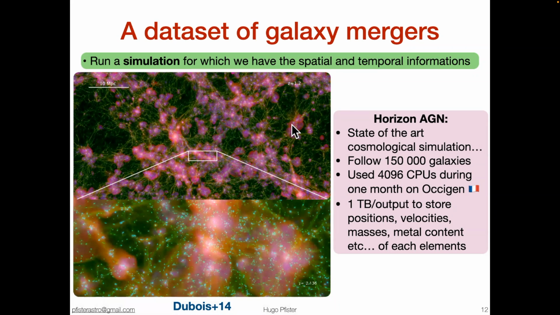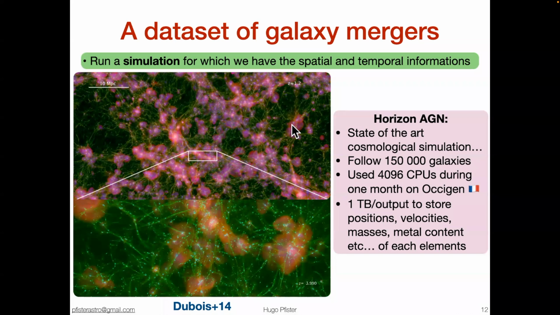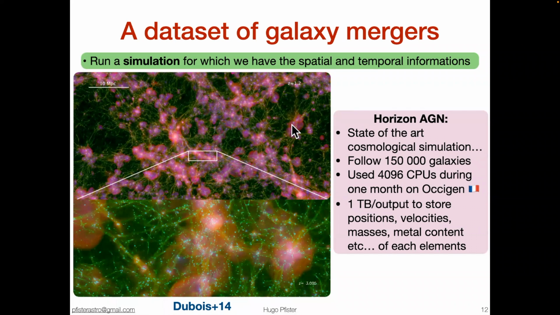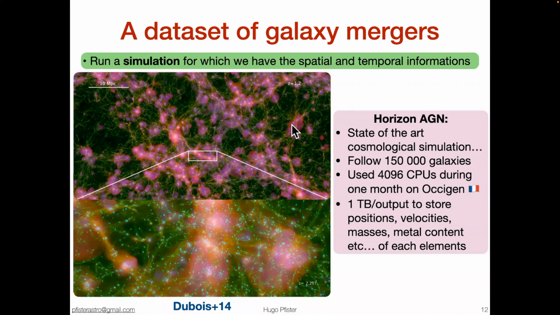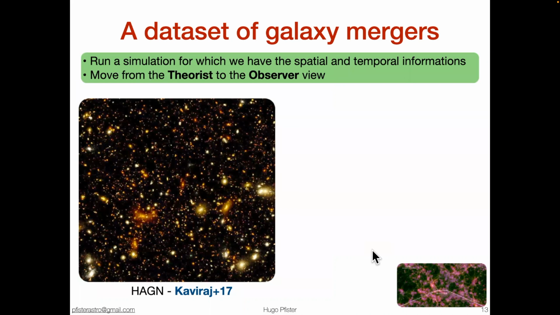Once you have run this simulation and you know the position, velocity, masses, etc., of these galaxies as a function of time, you can move from the theory view to the observer view. So by chance, this had already been done in 2017. The simulation has been run in 2016, and in 2017, these guys made a mock image.